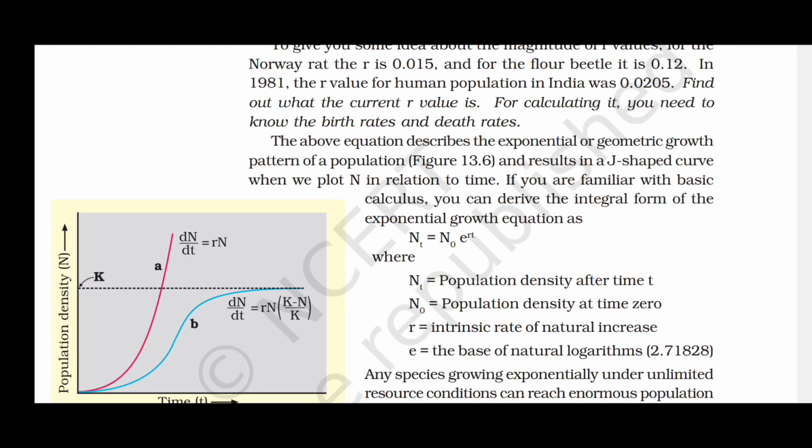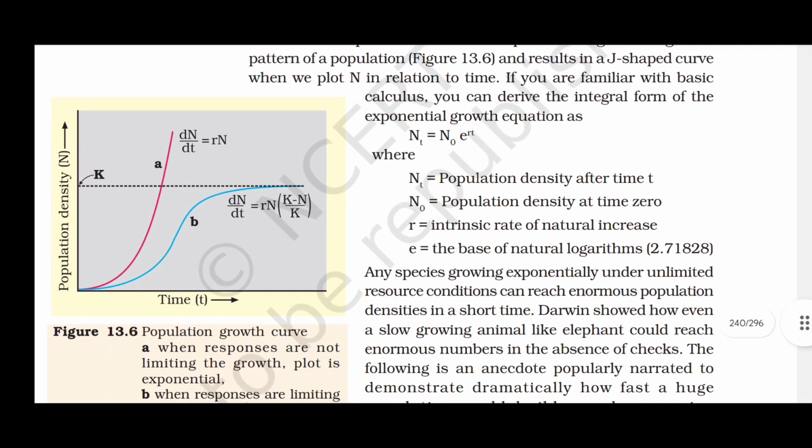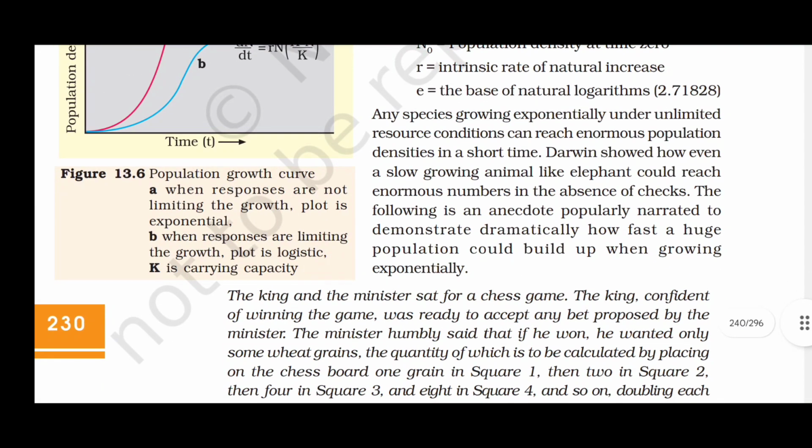If you are familiar with basic calculus, you can derive the integral form of the exponential growth equation as Nt = N0 e^(rt), where Nt is population density after time t, N0 is population density at time 0, r is intrinsic rate of natural increase, e is the base of natural logarithms, 2.71828.